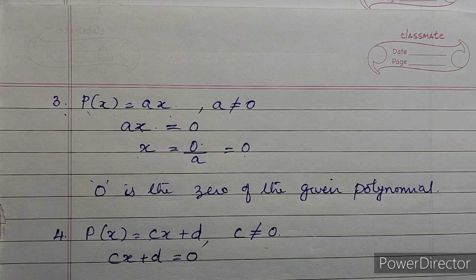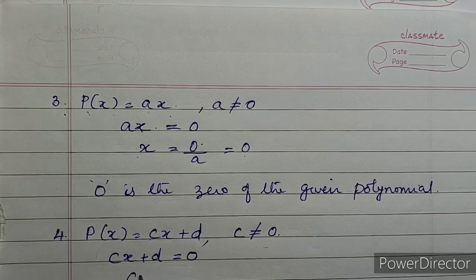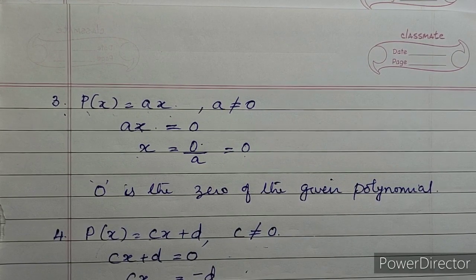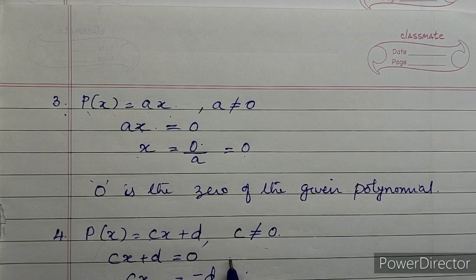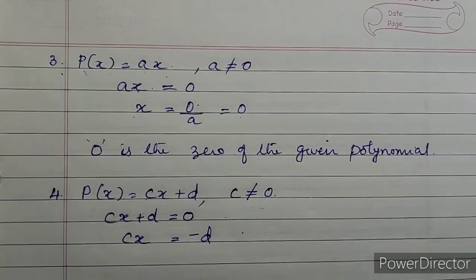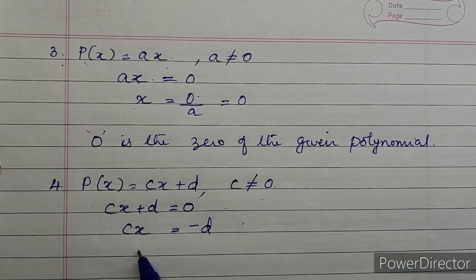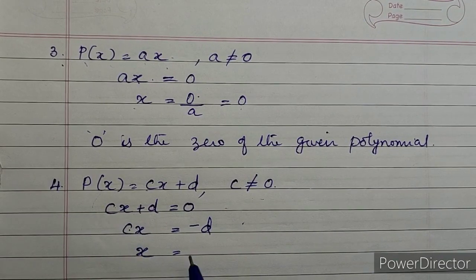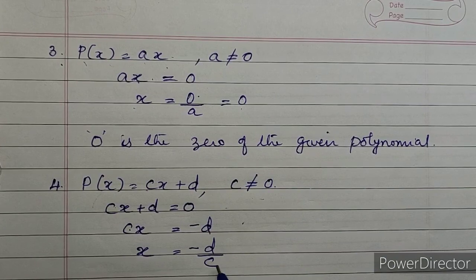Now this is a linear equation. So x value, how you will find? The x term you have to keep it there. Positive d you have to take it to the other side. Positive d when you will take, it will change to negative d. 0 minus d is minus d only. Now x value you should find. x equals, here it is multiplication, so it will come down as division, minus d by c.